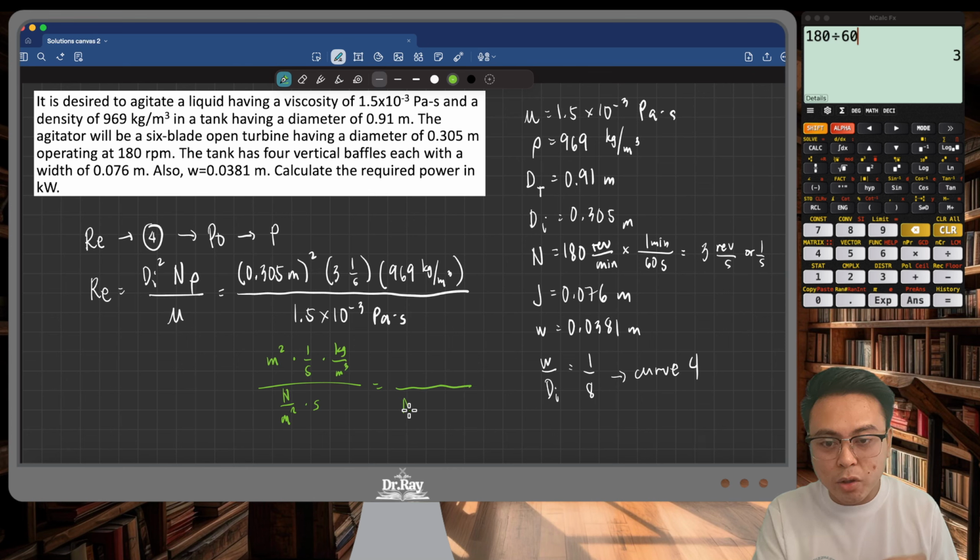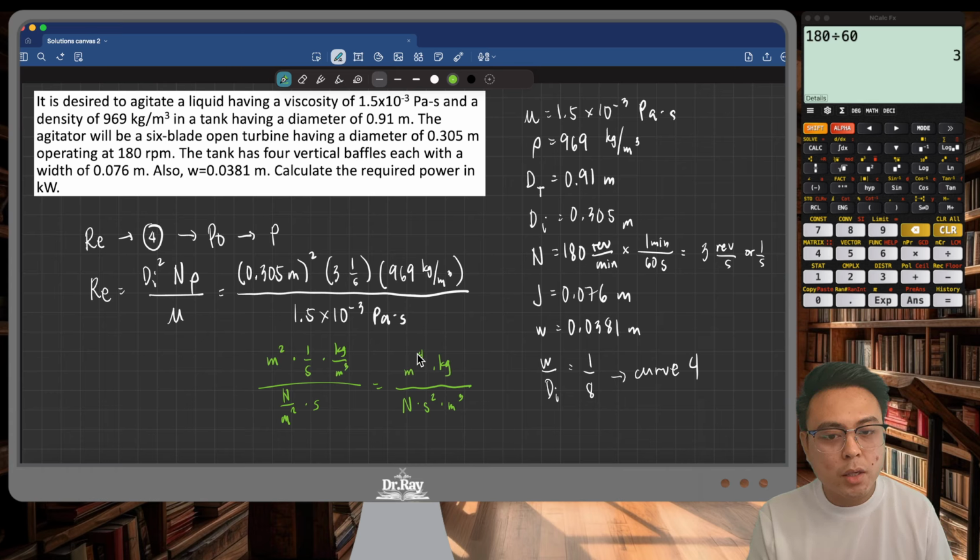In the denominator, you have Newton second squared cubic meter. In the numerator, you have meter to the fourth and kilogram. So right now, we can simplify this as cubic meter will cancel out. What remains is meter kilogram per Newton second squared.